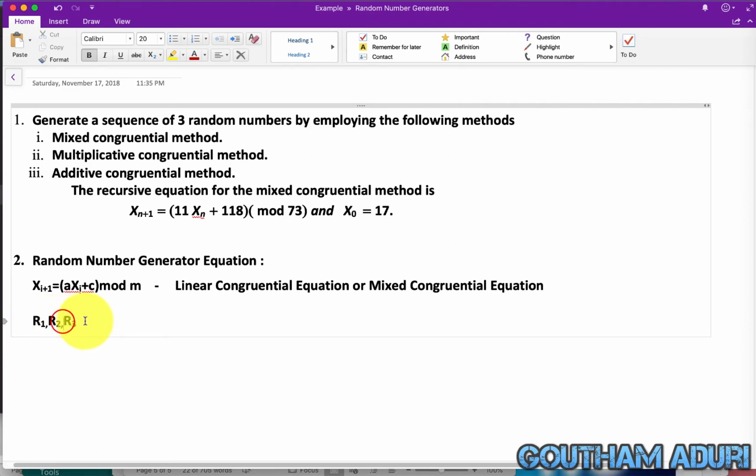In order to find R1, R2 and R3, first let us find what is Ri. I have the equation of X(i+1).